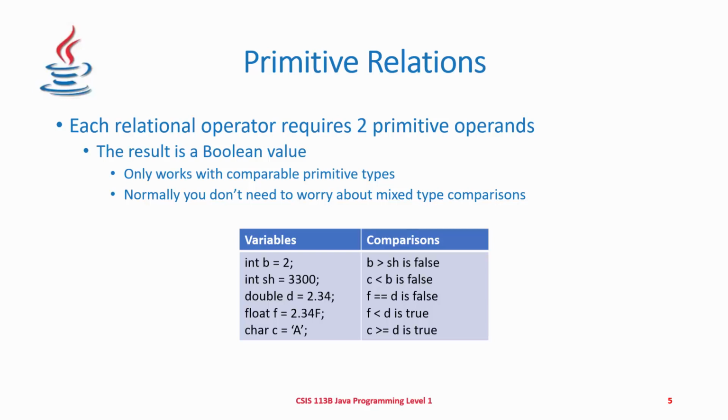They're approximations, and we've got a little video to show you later to explain why that is. And then the last one, c, our capital letter A, checking to see if it's greater than or equal to d, which is 2.34. That is true because, again, the letter A has a value of 65.